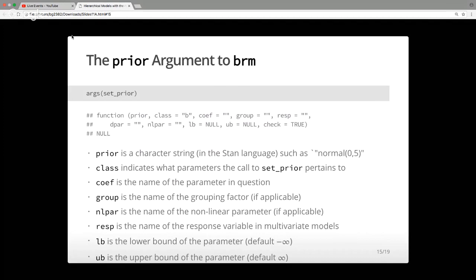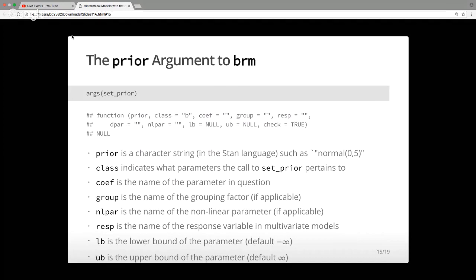So if you do b, that means this pertains to all the regression coefficients. But you can modify that more by specifying some of the other parameters. And so you could say, okay, this only applies to the deviations on this grouping variable.